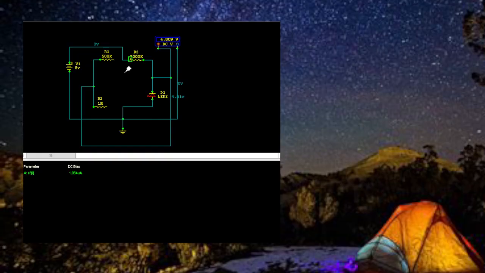How am I reading current? It's supposed to be 8 volts.